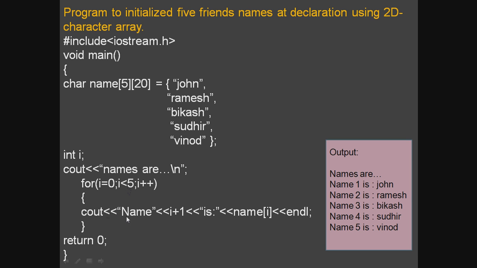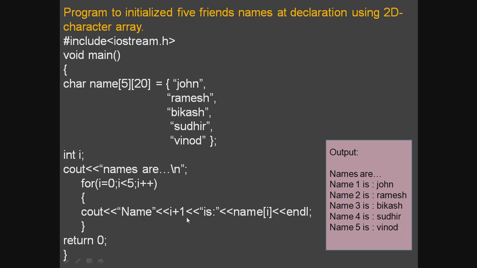So cout "name", since it is within double quotes, this is a string constant, or you can say a string literal, all right? So in the previous video I've explained to you about types of strings, right? Strings as a constant and as a variable. So you can see that here this is a string variable, string is used as variable, and this is the string constant, this is also a literal because it is used in the cout.